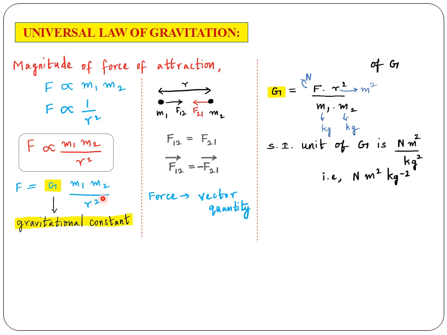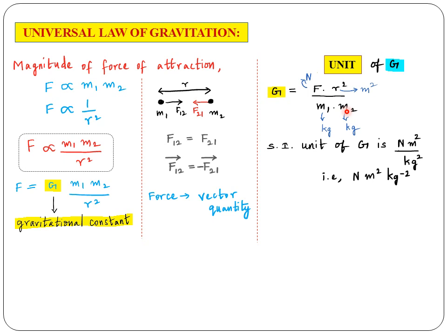Now let us find the unit of the gravitational constant G. From this formula we have G equal to F into r square, taking r square to the left hand side, divided by m1 into m2.